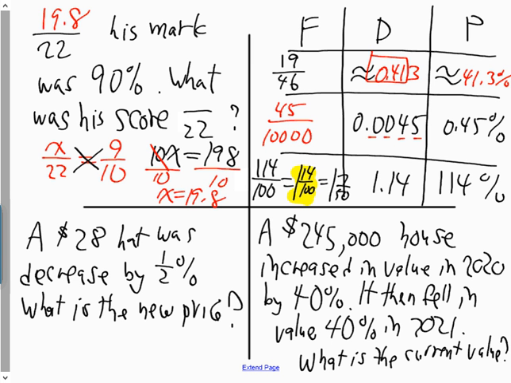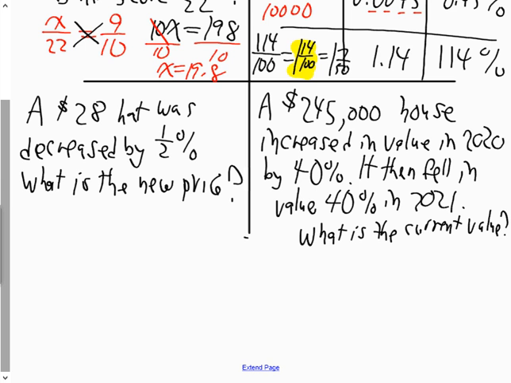Question number 3 says a $28 hat was decreased by 0.5%. What's the new price? So if you think about this as being the $28 hat and it was decreased by 0.5%, what percent, Sephora, of the hat are you going to pay for? If you decrease something by 0.5%, what percent will you pay for?